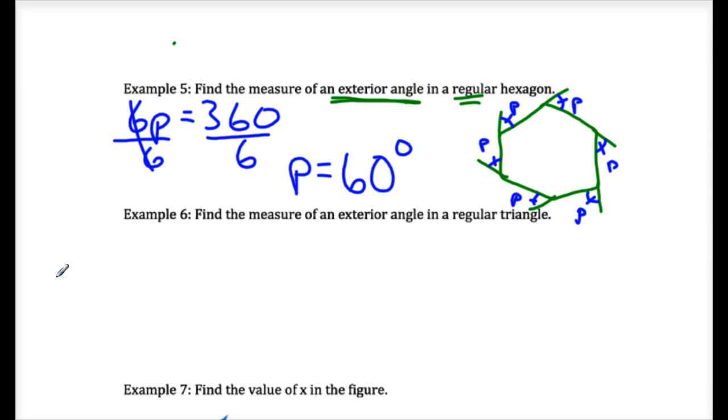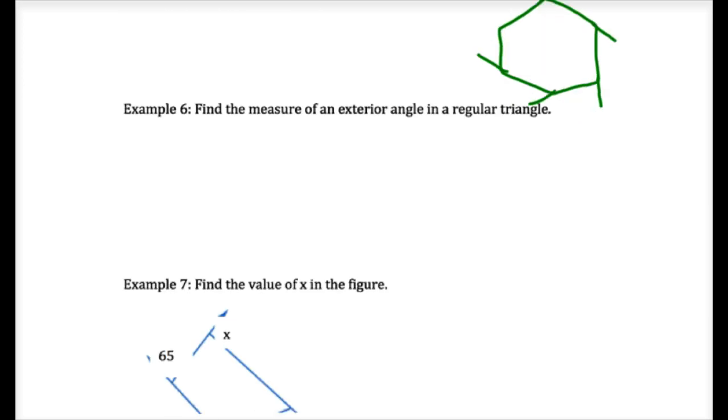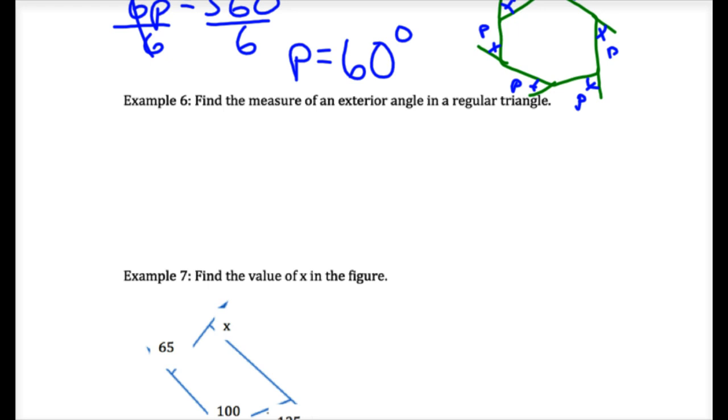All right. Same type of problem, except we've got a regular triangle now. What's another name for a regular triangle? An all equal triangle. An equilateral triangle. Do your best to draw an equilateral triangle, and then extend one side.